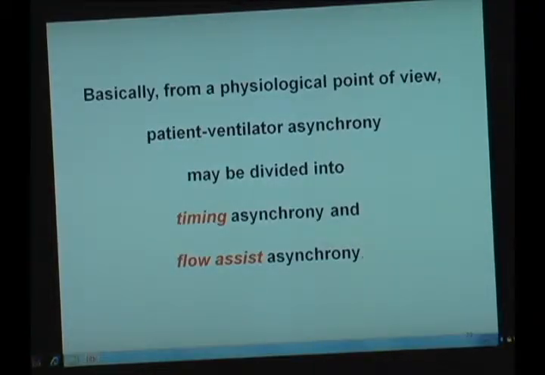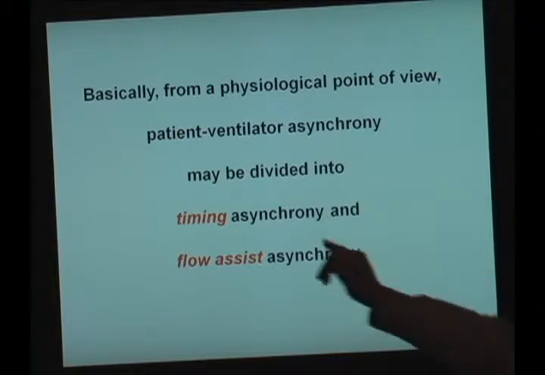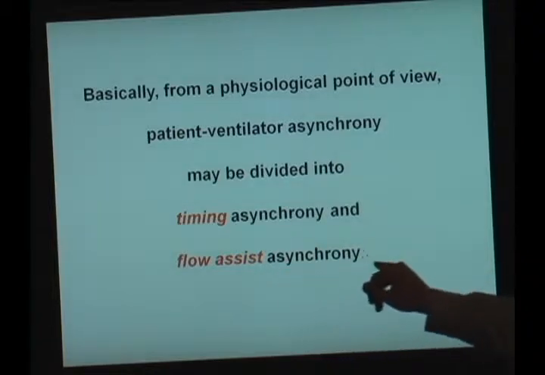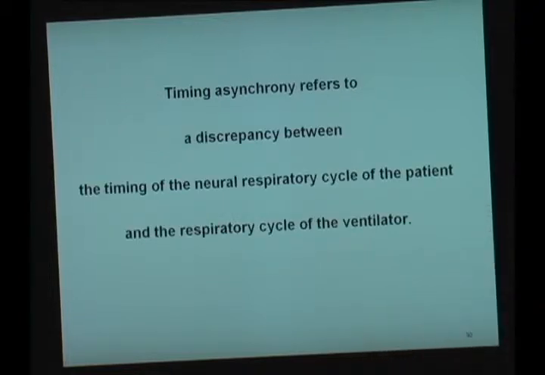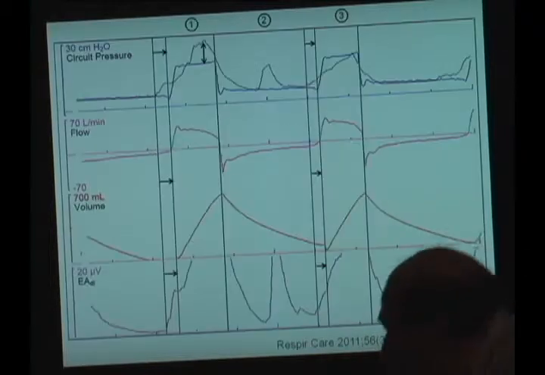But just to go a little further, basically we can define two different kinds of patient-ventilator asynchrony: timing asynchrony and flow assist asynchrony. Can NAVA help us to define this phenomenon? Yes.